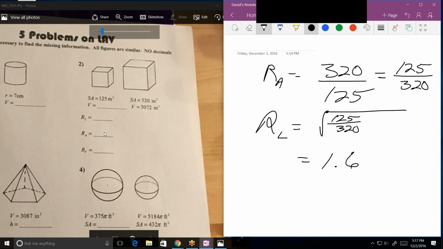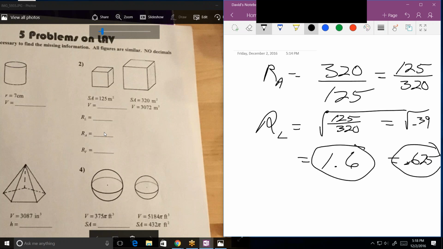It's like 0.39. So you're taking the square root of 0.39. What do you get? 0.625. Well, 0.625 is the same ratio as 1.6. In other words, this is big to little, this is little to big. Now here's the difference.